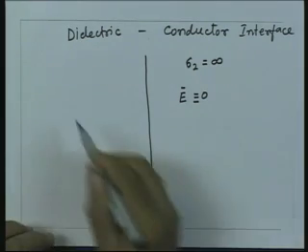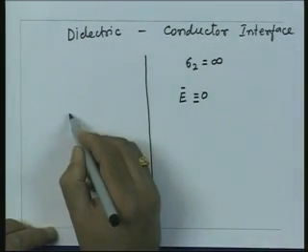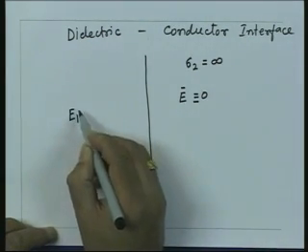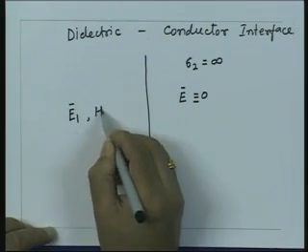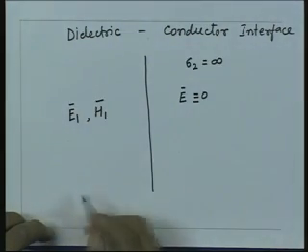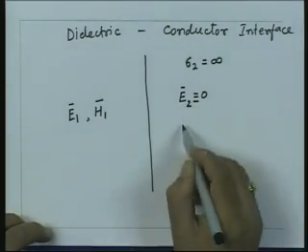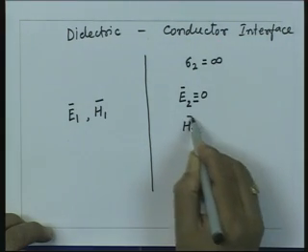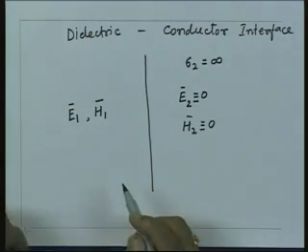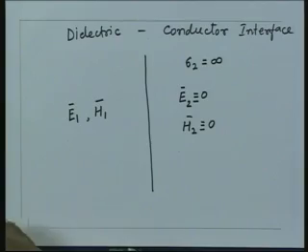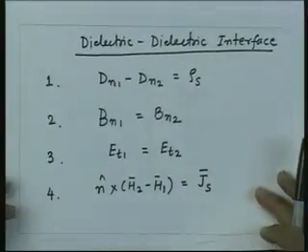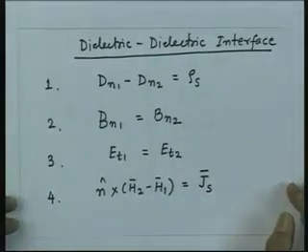So, now I have a situation where I have the electric field E1 and the magnetic field H1, and the electric field E2 is 0, the magnetic field H2 is also 0 for time varying fields. Then I can go back and apply the boundary conditions which I got earlier in general.